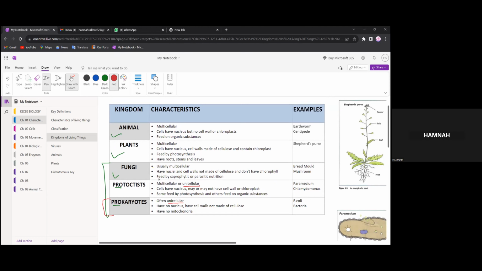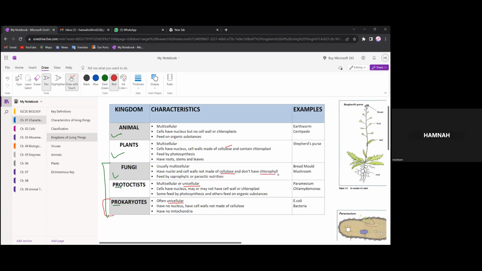Okay, let's talk about fungi. They are usually multicellular. They have nuclei and cell walls, but their cell walls are not made of cellulose like they are in plants. Plants have cellulose, these do not, and they don't have chlorophyll either. Chlorophyll and chloroplasts are only in plants.